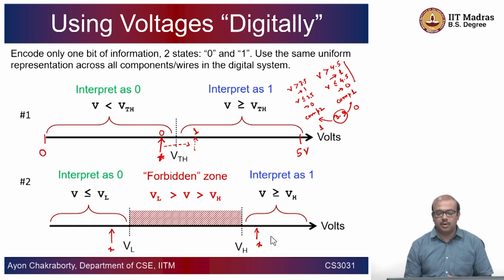So even if you want to have, let's say, 3 states, then you should define 3 such decision zones, right? So you can have interpreted as 0, then there's a forbidden zone, then interpreted as 1, then there is a forbidden zone, and then there is an interpreted as 2. So you can have 0, 1, 2. Given the voltage value, you can have either one of these 3 possible outcomes, right?